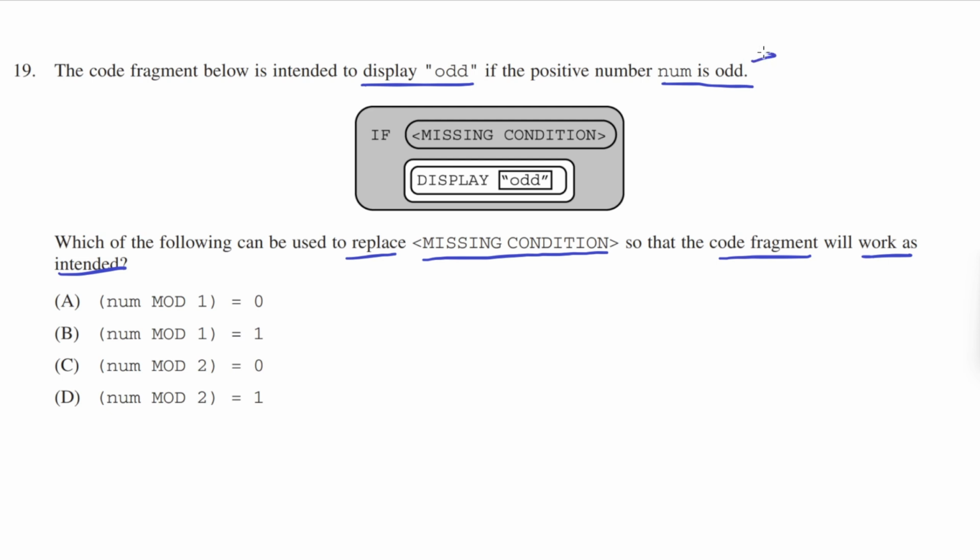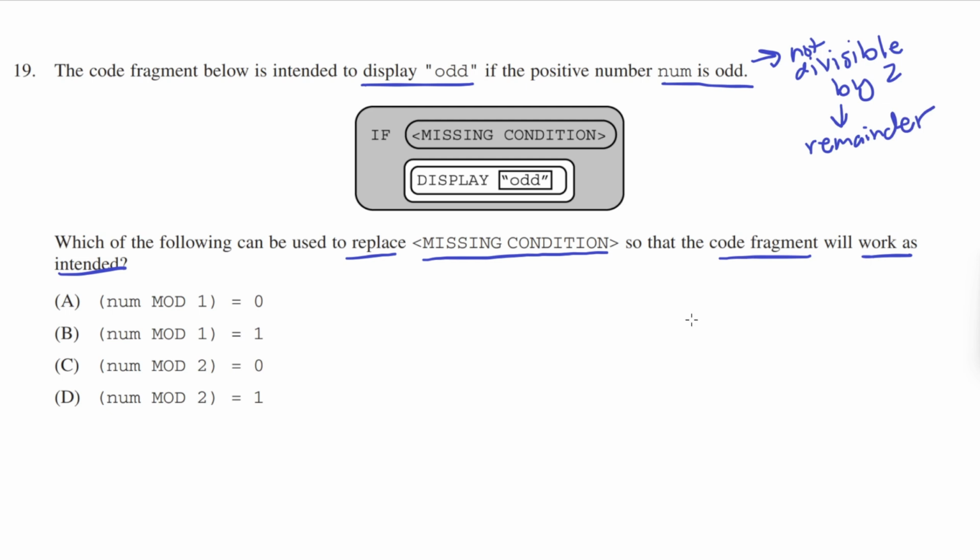So odd numbers are really just numbers that are not divisible by 2. Meaning when you divide a number by 2, and if that number is odd, then there's going to be a remainder.